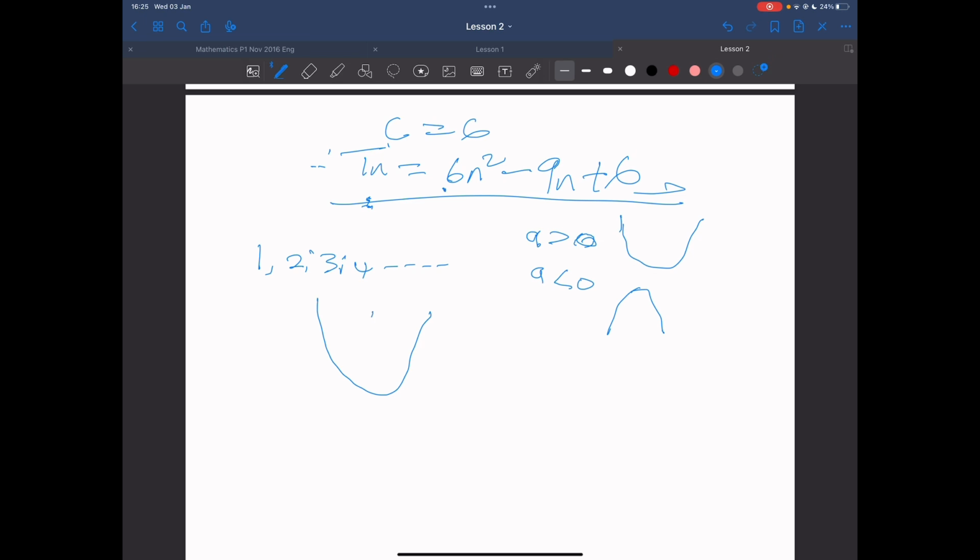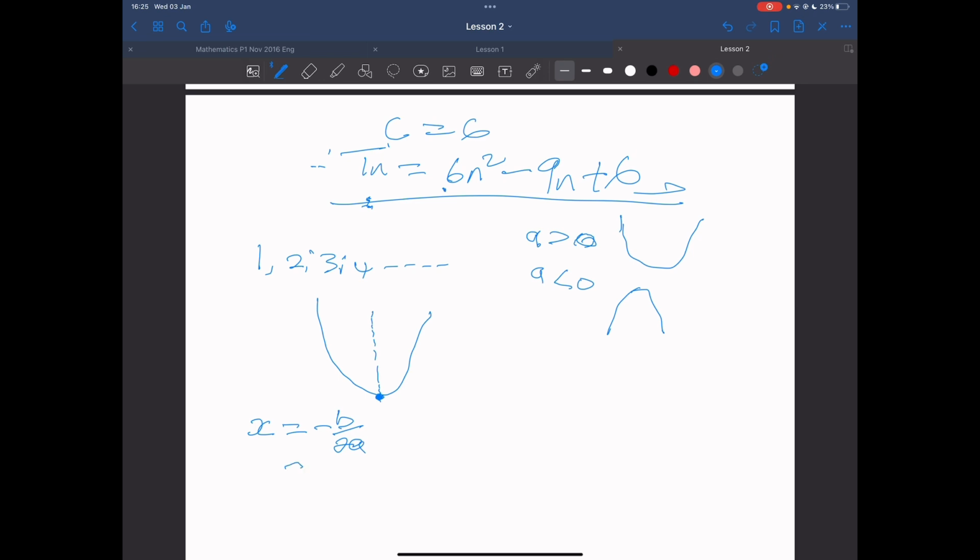Now we want to know the minimum value, the lowest value here. And the only way to get the lowest value is to calculate the x-coordinate of the turning point. Most of us know that we can use the formula x equals minus b over 2a, or you can use your derivative to find this coordinate.